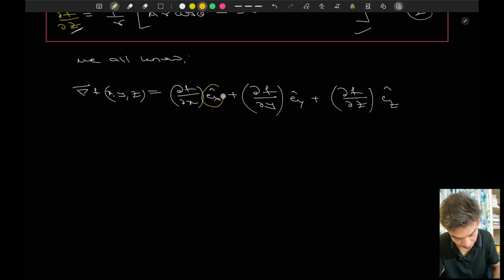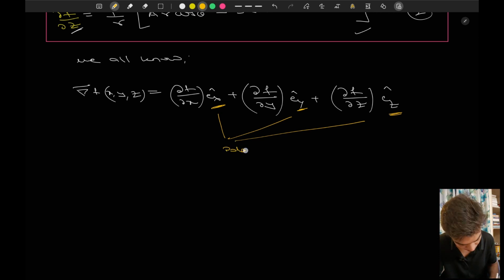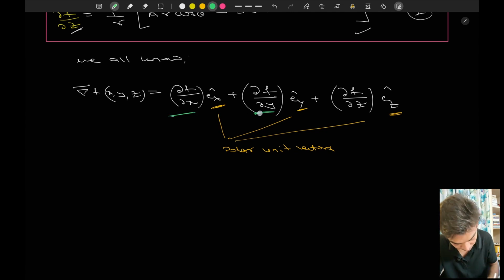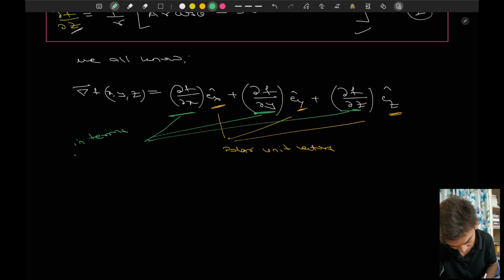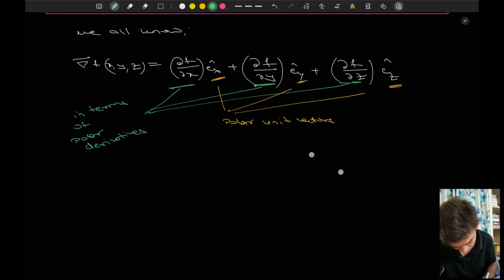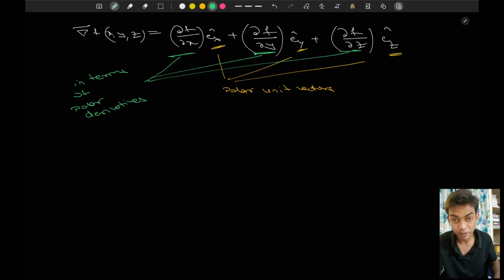So what we have done is that we have derived an expression for these in terms of polar unit vectors, and we have also derived an expression for these in terms of polar derivatives, right?